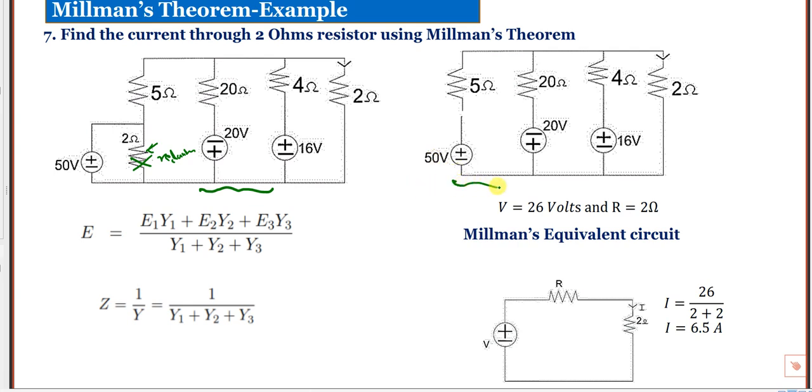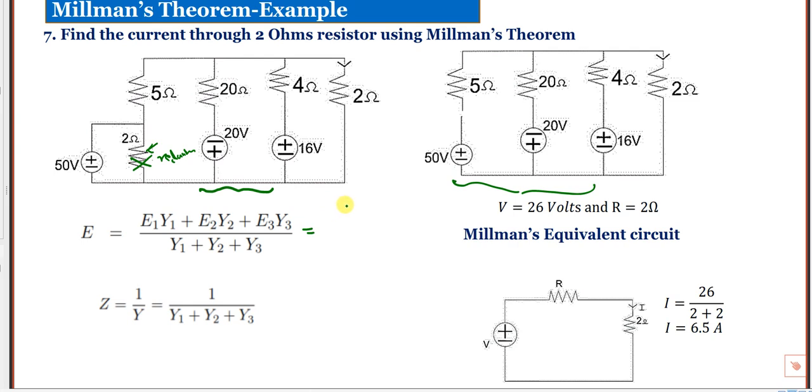So now I can apply Millman's theorem for these three parallel voltage sources. Please remember the polarities: plus is here, minus is here. This is a DC network only, so instead of impedance you can write in terms of resistance only.